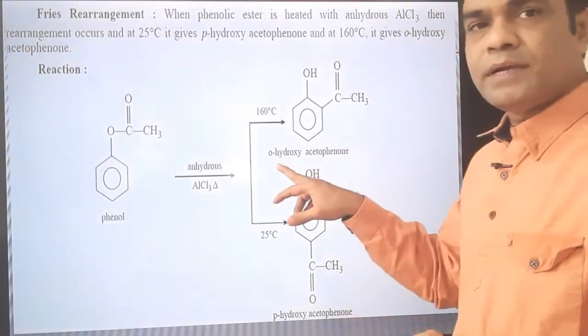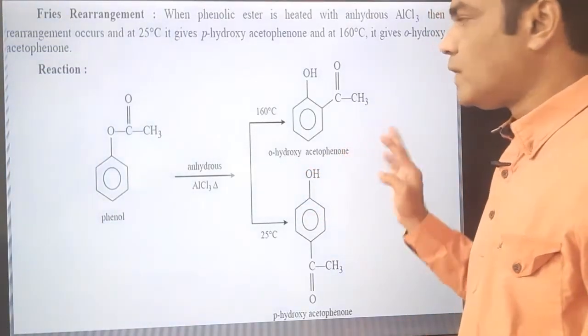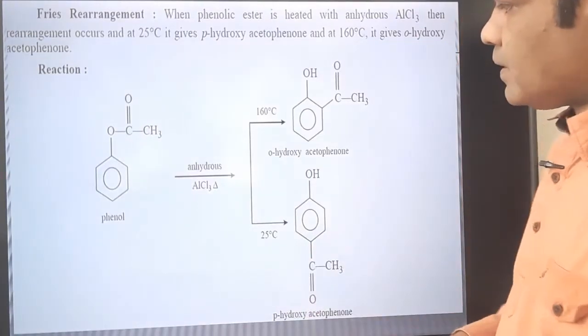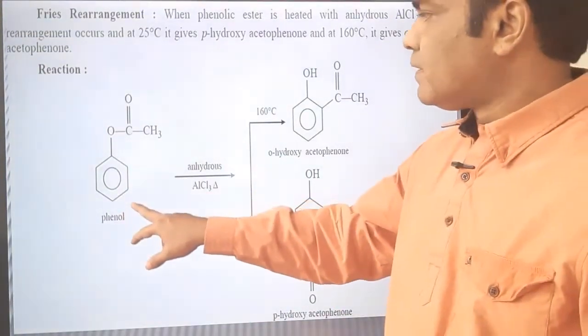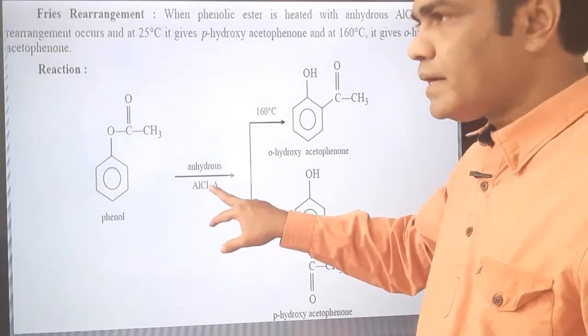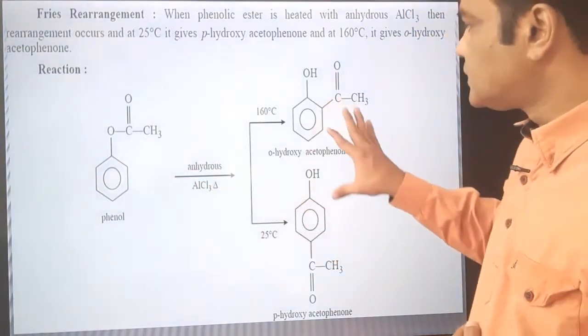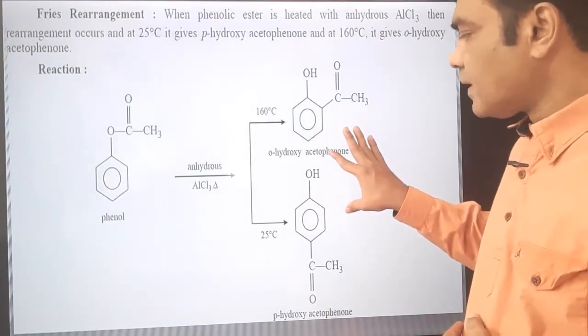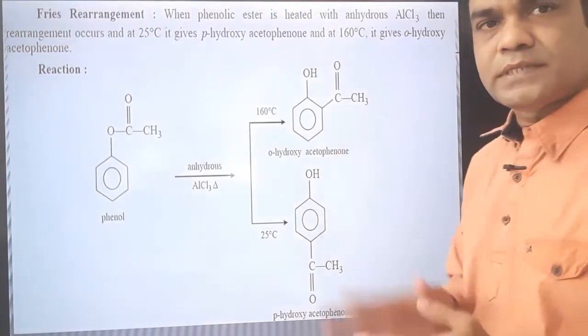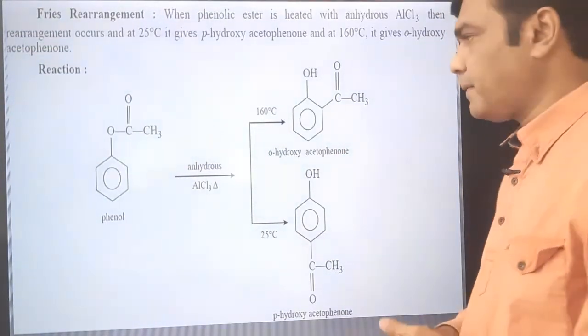Which is the thermodynamically controlled product here? Ortho-hydroxyacetophenone. So in this way, this phenolic ester, that is phenyl acetate, on treatment with aluminum trichloride, that is Lewis acid catalyst, we get two products at different temperatures, at 25 degrees Celsius and 160 degrees Celsius.